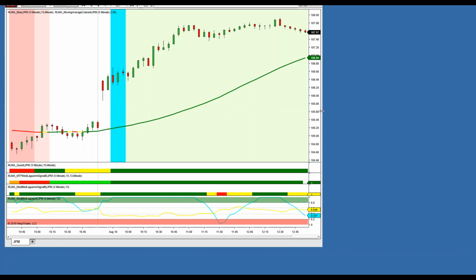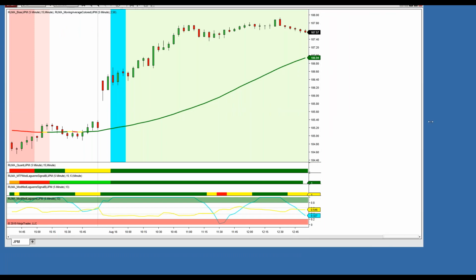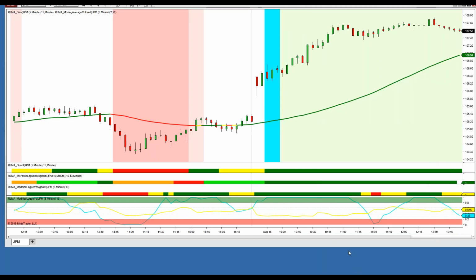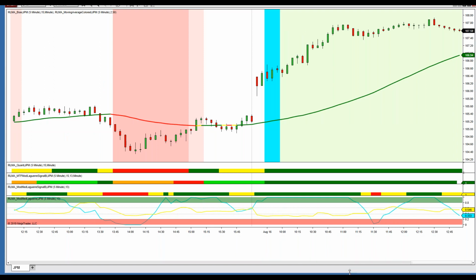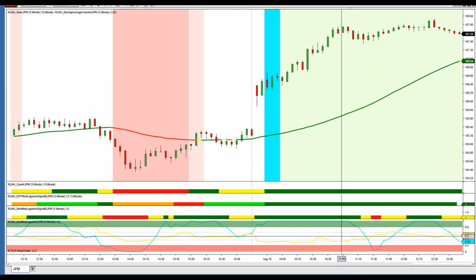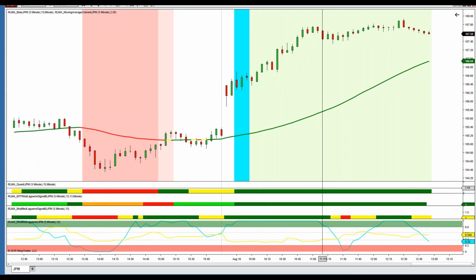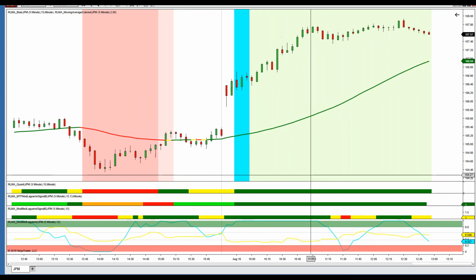So let me move this off. First I want to show you how the analyzer is built, because you're going to get this as part of the analyzer. You're actually going to see the data that's inputted into the analyzer.